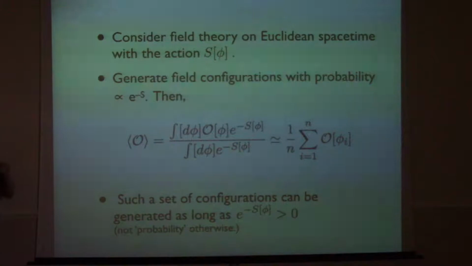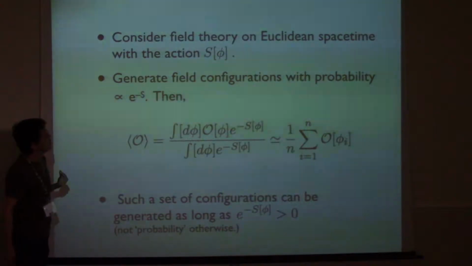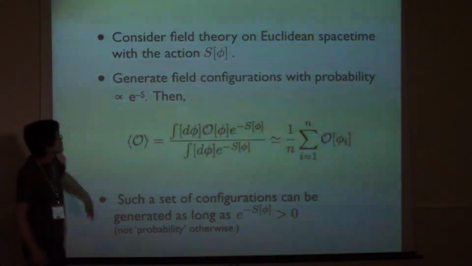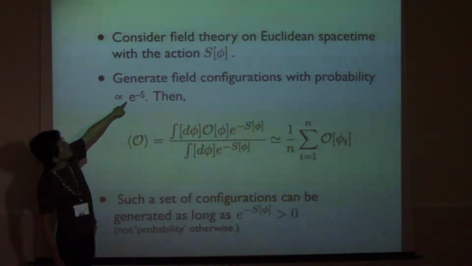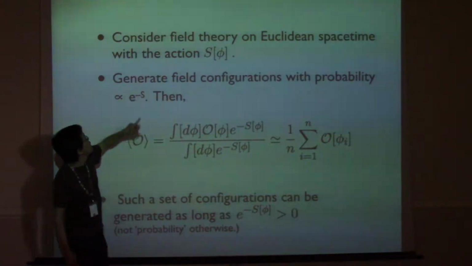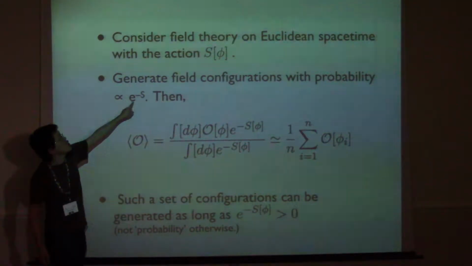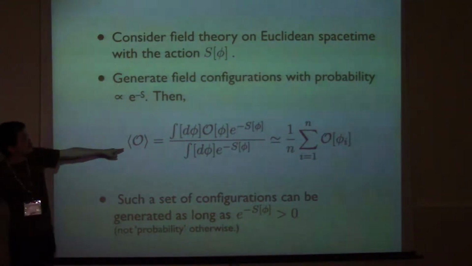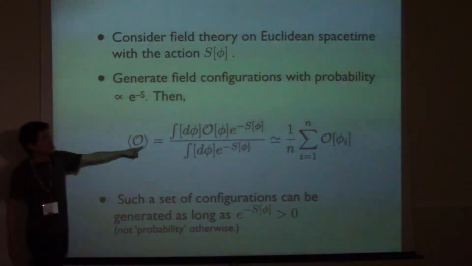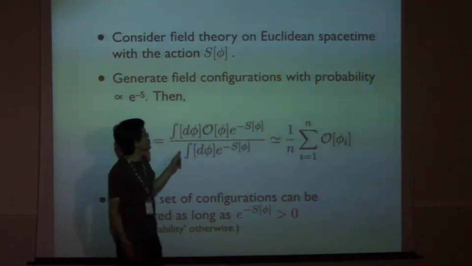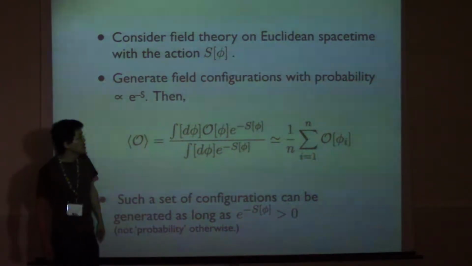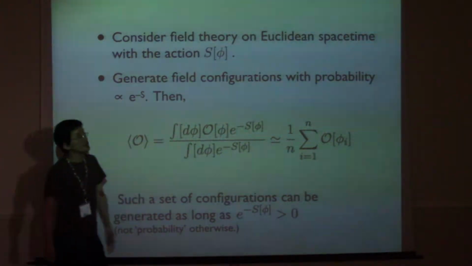By Monte Carlo method, what we can do, if we do everything right following the rules I explain in the following slides, is generate configurations of field phi with a probability proportional to exponential minus S. Then the expectation value of a certain operator is defined by this: we multiply the observable and exponential minus S, do the path integral, and then divide by the partition function.